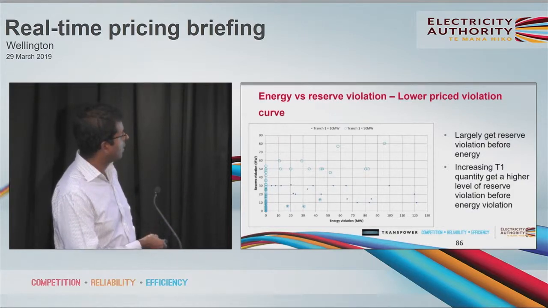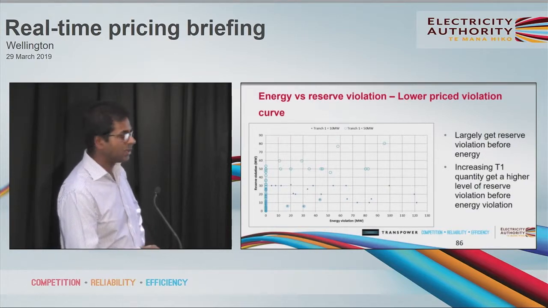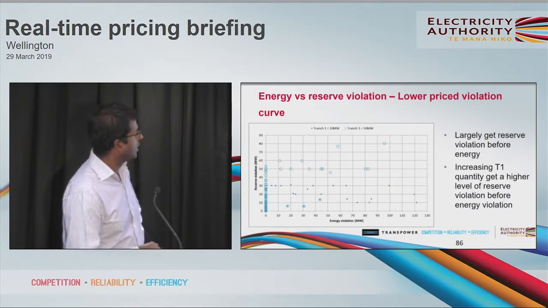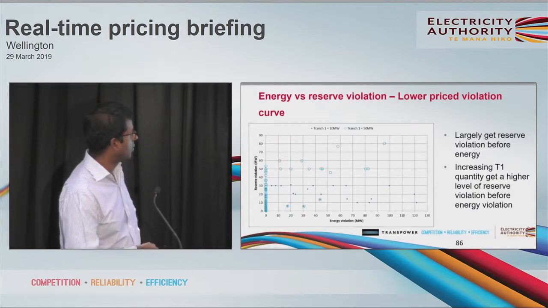On the y-axis, we have the amount of reserve violation in each of the samples. What we see is that for most of the scenarios, we tend to get reserve violation without any energy violation. So we're able to clear the market with some reserve violation.